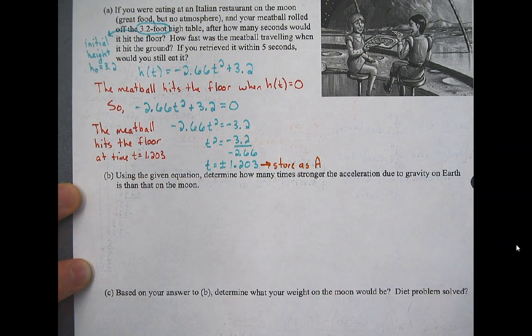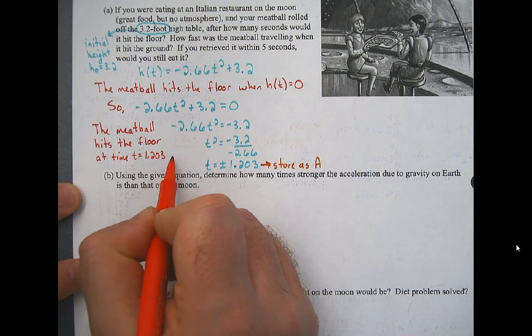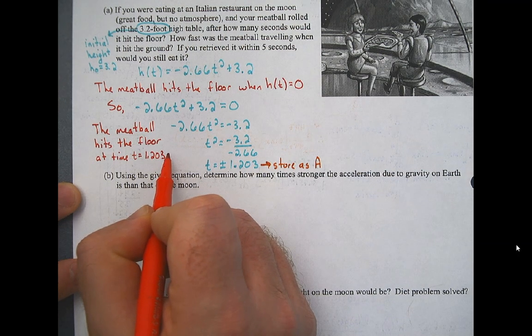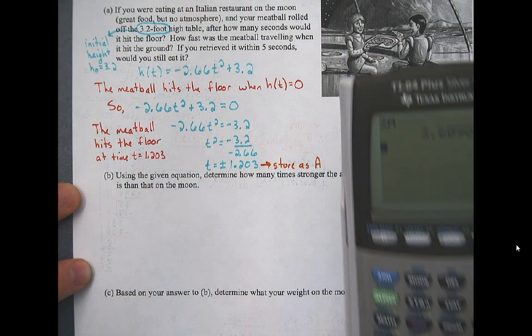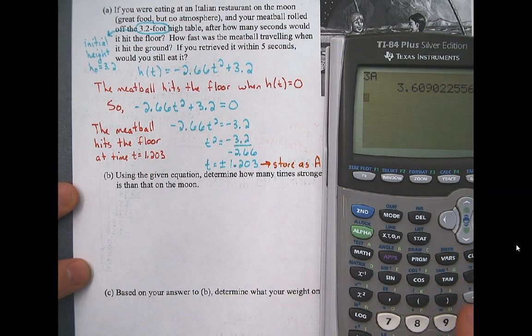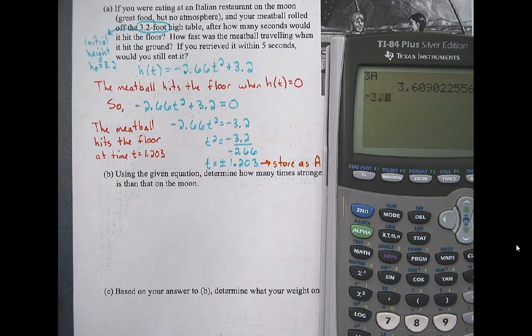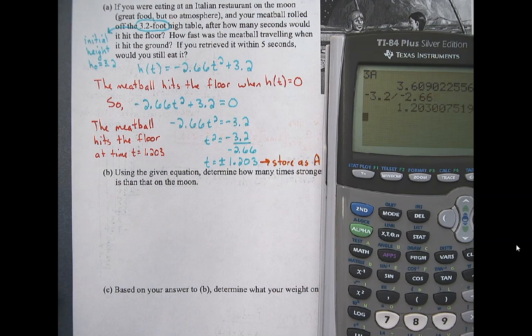And does the story have units? Yes. So you've got to put units in there. Where am I getting negative 3.2 divided by negative 2.66?